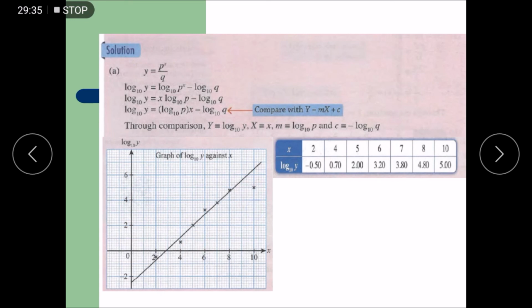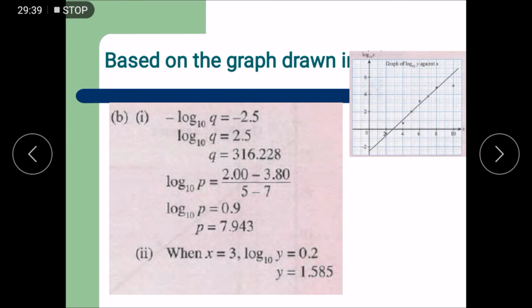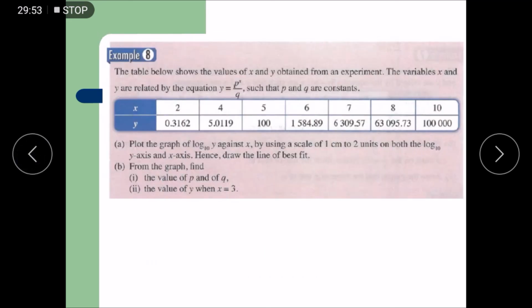So from the best fit line, you have to work based on the graph. Now you see, based on the graph, you have to find Q and you have to find P. So it must be based on the graph. So log P equals negative 2.5. So for the values of P and Q, you just choose one of the points.